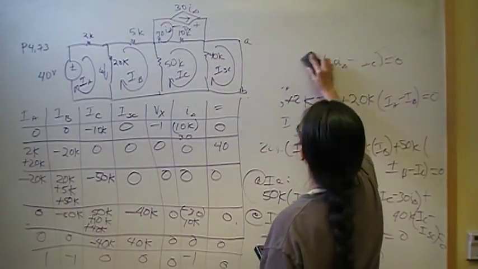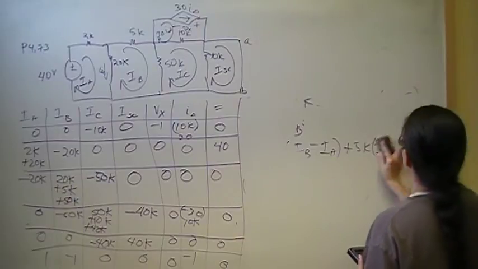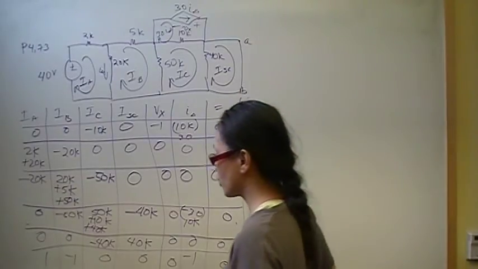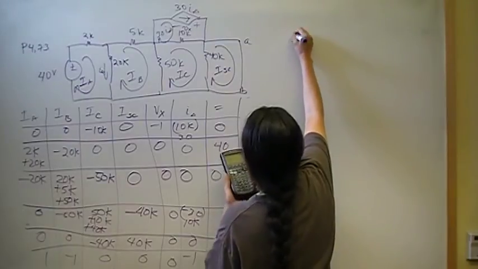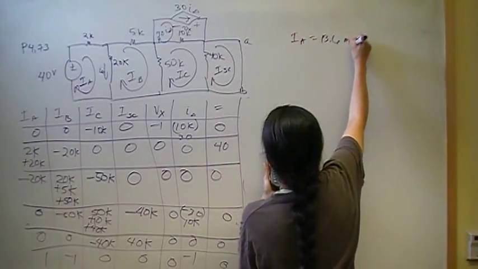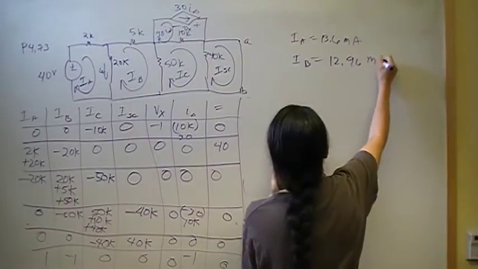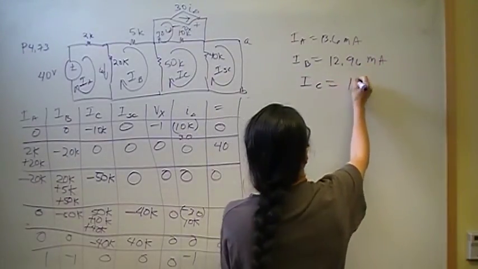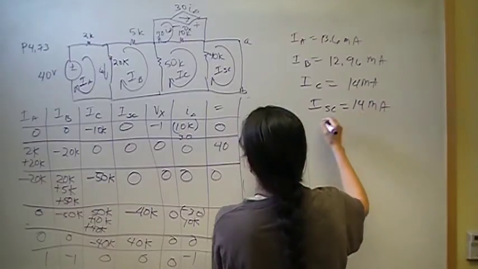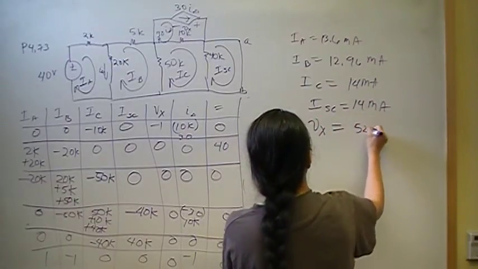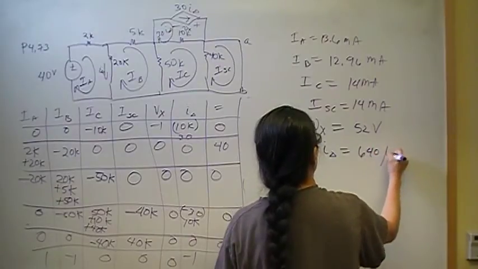So let me post what you should have got when you solve this matrix. IA is 13.6 milliamps, IB is 12.96 milliamps, IC is 14 milliamps, I short circuit is 14 milliamps, Vx is 52 volts, and I delta is 640 microamps.